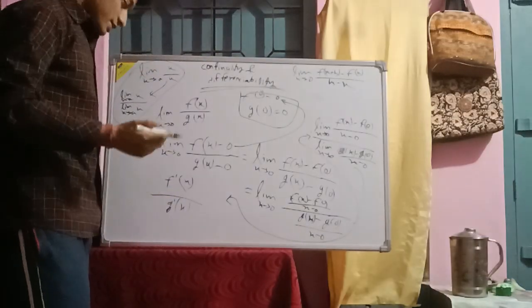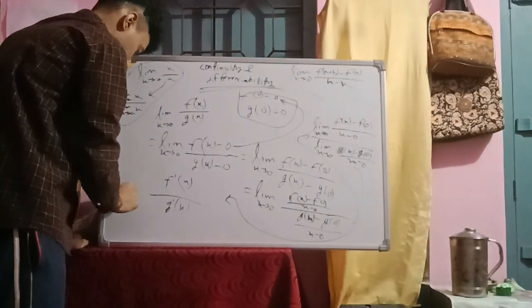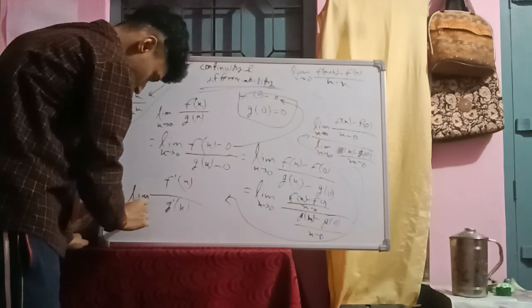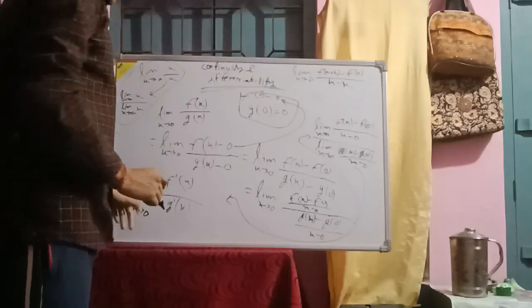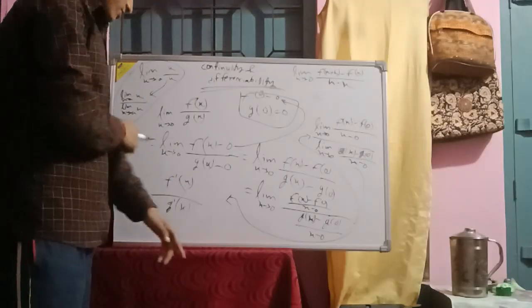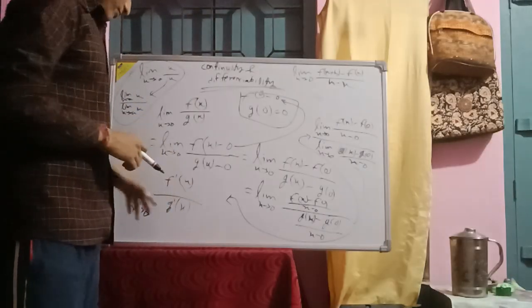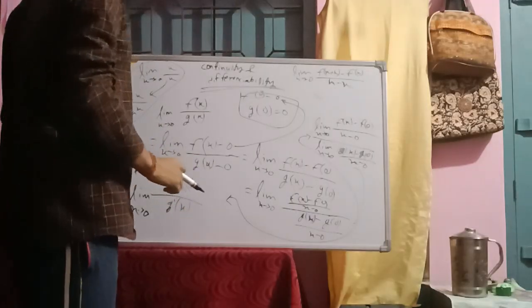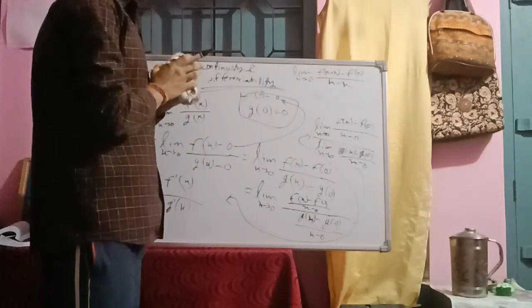We can again apply the limit in front because we are trying to approach this value, so putting the limit over here would not change anything. This is basically the proof of L'Hospital's rule.